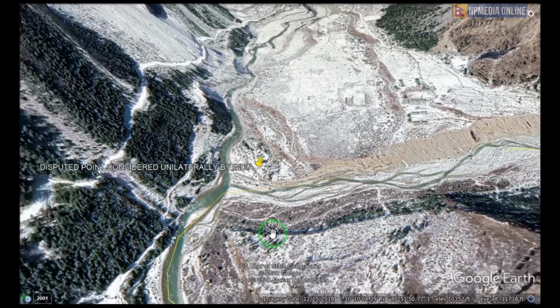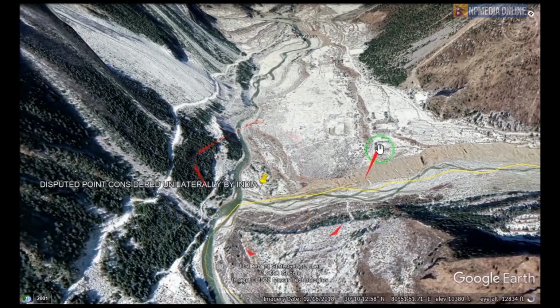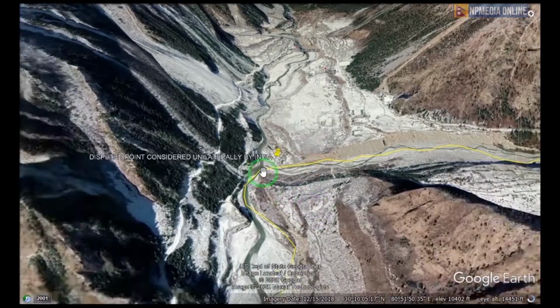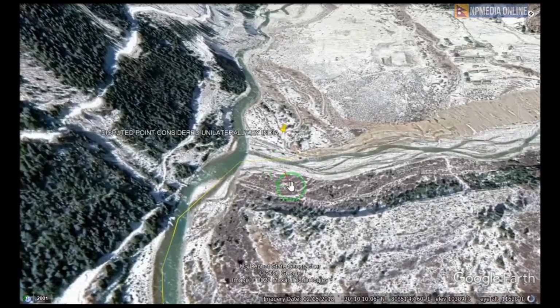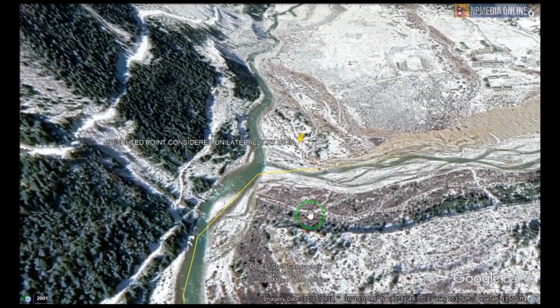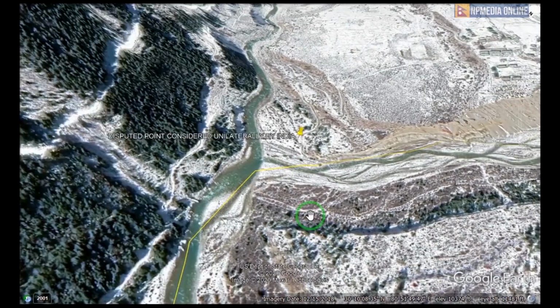Even a writer or researcher who visits this place, from Gunji onwards, gets confused, as looking at the cartographically manipulated map at the field, they are forced to call a brook a river and a river a brook.